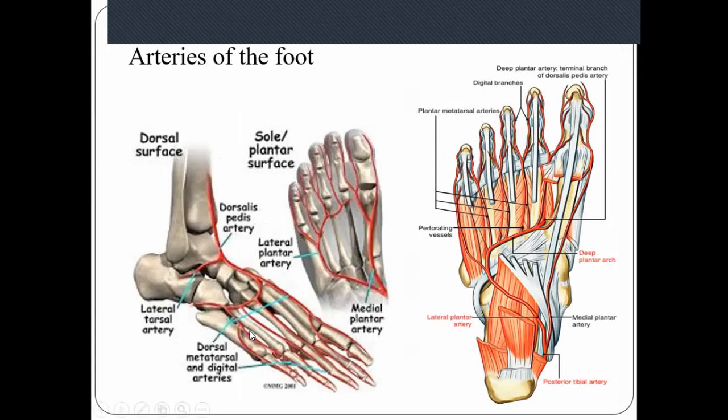So this is the medial plantar artery. Here you can also see the medial plantar artery. Okay. The posterior tibial artery comes from here and divides into the large lateral plantar artery and the small medial plantar artery.